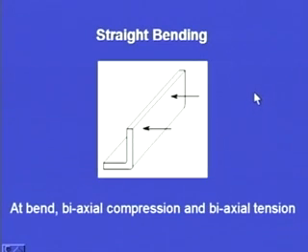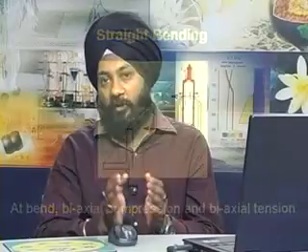So, we have seen different types of metal forming operations, starting from rolling, forging, then different types of deep drawing operation, tube drawing, wire drawing, straight bending. These operations are used to change the shape of the metal, and during this change of shape, the metal undergoes different types of state of stresses.